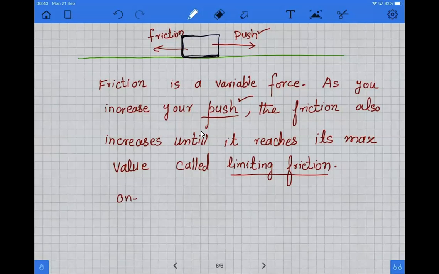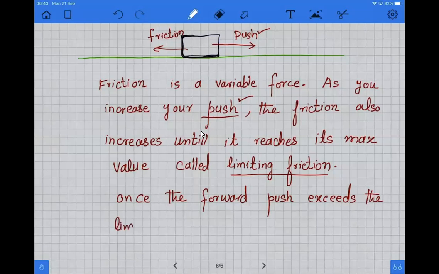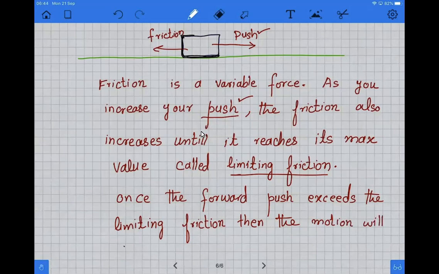So once the forward push exceeds the limiting friction, the motion will start.